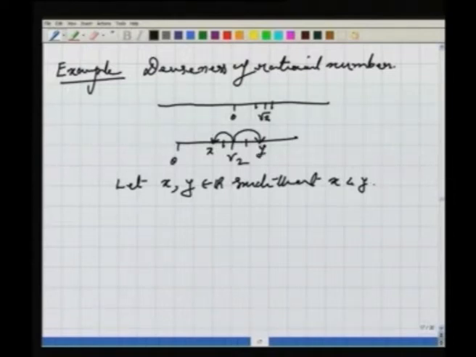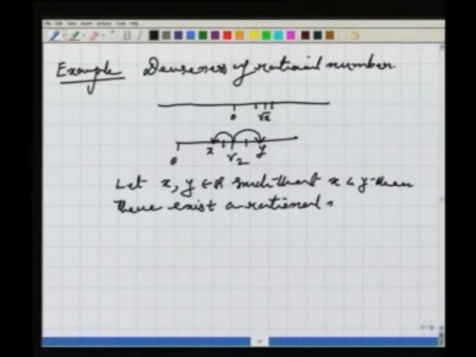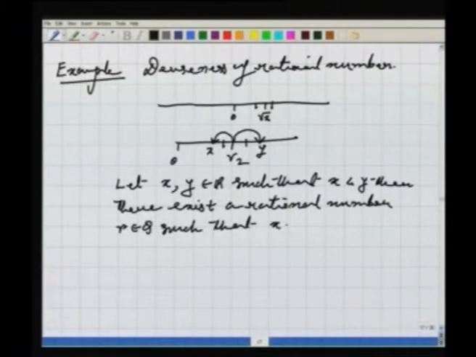I want to say then there exists a rational number R such that R lies between x and y. That is, x is strictly less than R, and this is strictly less than y.